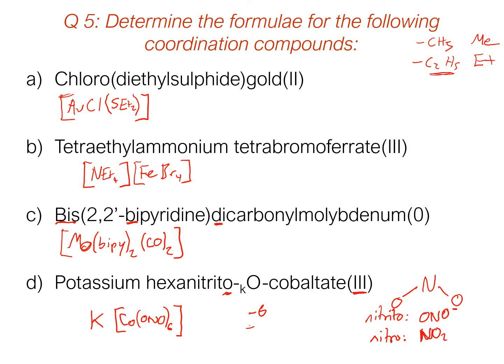Cobalt's in the +3 oxidation state, a +3 cation, which means the overall charge on this complex ion is actually -3. Now potassium is group 1. When potassium's a cation, it's only K+. So to make the cation balance with our -3 anionic complex ion, we've actually got to have 3 potassiums.